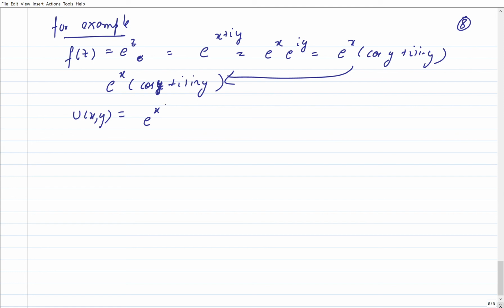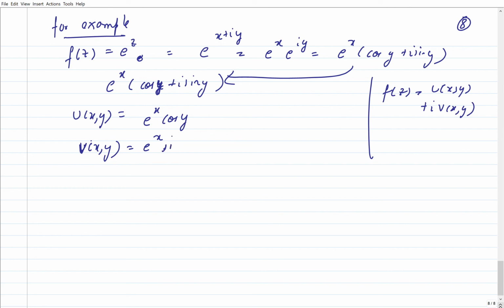So I have u(x,y) as this, and remember, as an aside, f(z) I always define to be u plus iota times some v. So I have v(x,y) equal to e^x sine y.